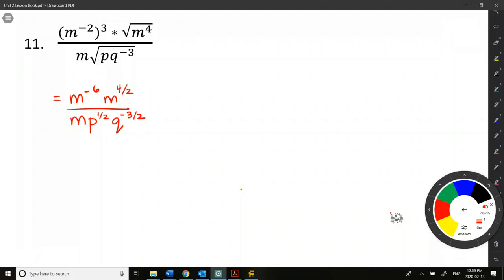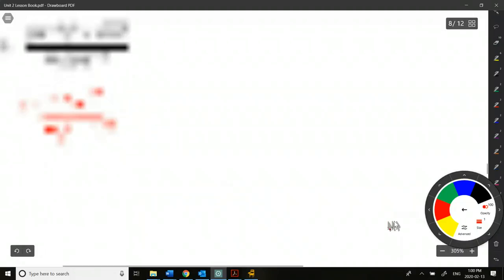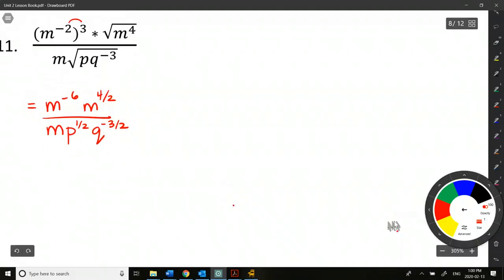Okay, so this should be your first step here. Change your rational exponents into fractions. Exponent on an exponent that is multiplied, so that should give you -6 there. And think of this as a 1, exponent of 1. So there's an imaginary 2 outside of each of these roots.